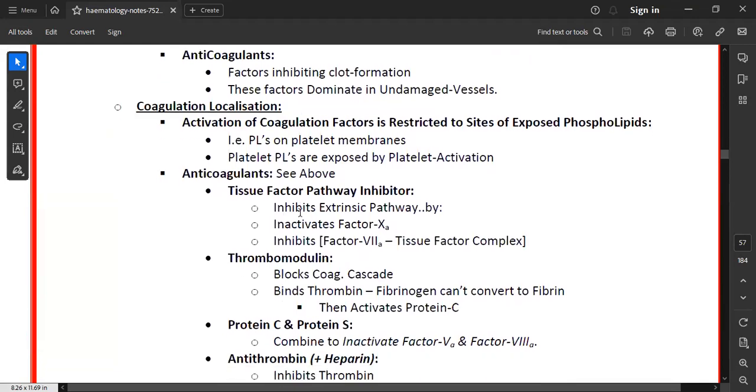Coagulation localization. So what localizes coagulation? The first thing you need to know is the vasoconstriction that we mentioned. It helps to localize the coagulation. Then the phospholipids on the exposed surface after the damage help also to localize coagulation, because that's the only place where the platelets will be activated.